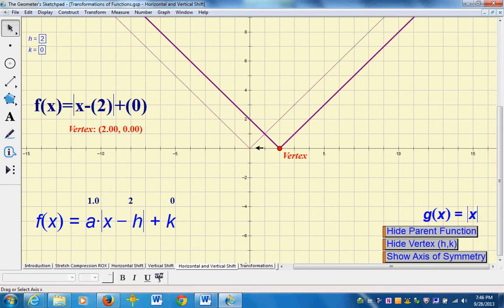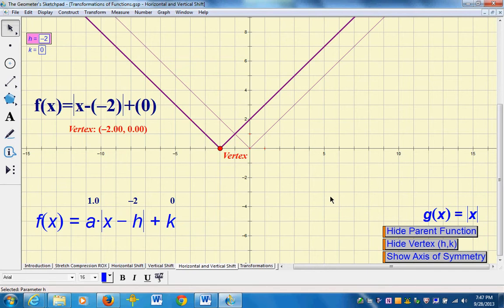My vertex has shifted to the right 2, opposite of what I see here, which is showing me a minus 2. So let's change my h to a minus 2. Remember, my h is my x-coordinate of my vertex. So we can see that now my vertex has shifted to the left.